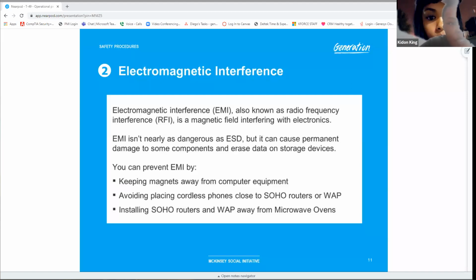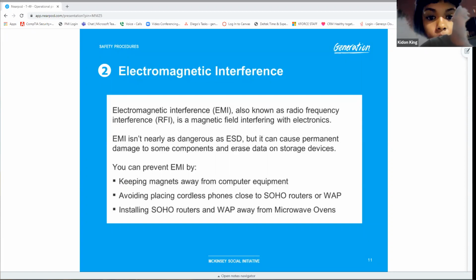EMI isn't nearly as dangerous as ESD, but it can cause permanent damage to some components and erase data on storage devices. You can prevent EMI by keeping magnets away from computer equipment, avoiding placing cordless phones close to SOHO routers or WAPs, and installing SOHO routers and WAPs away from microwave ovens.